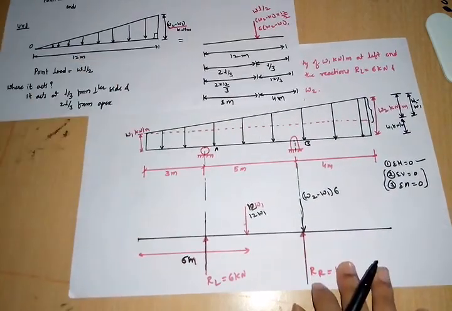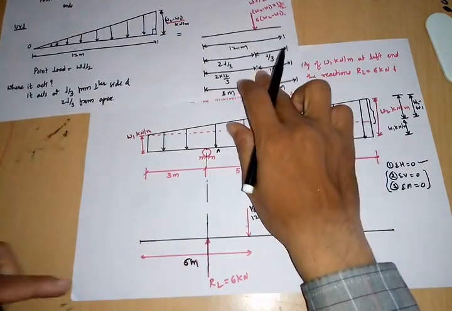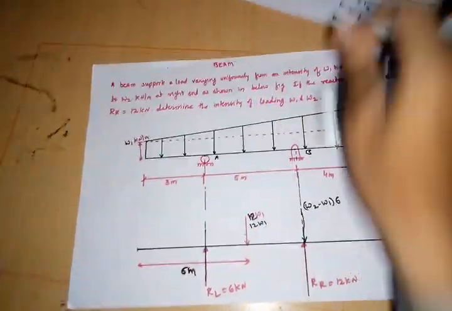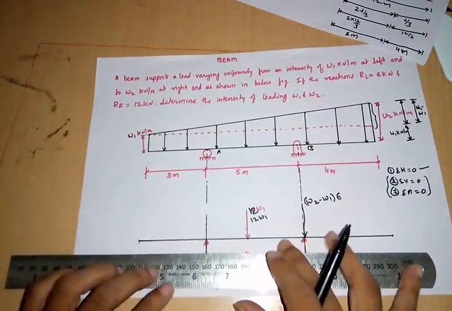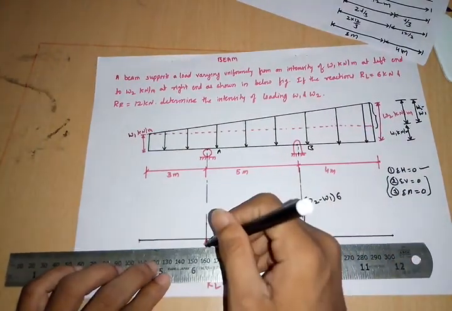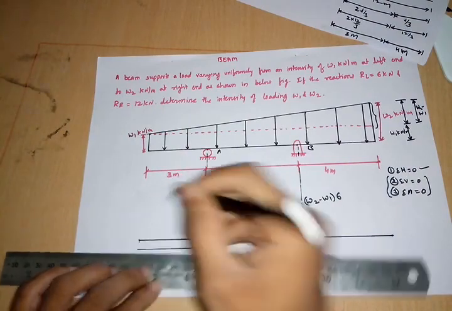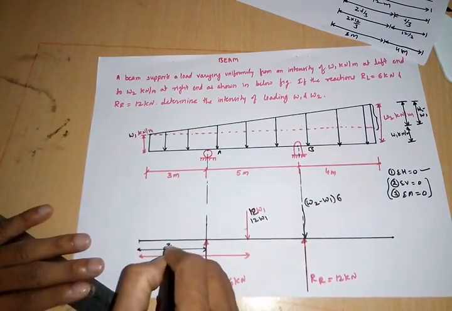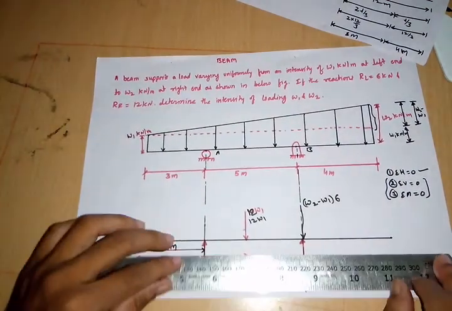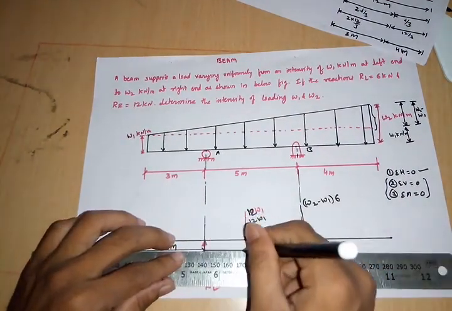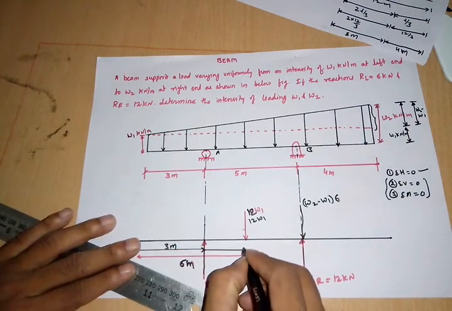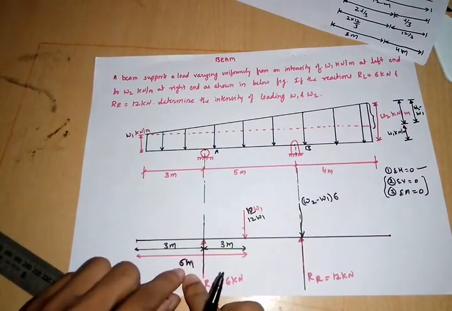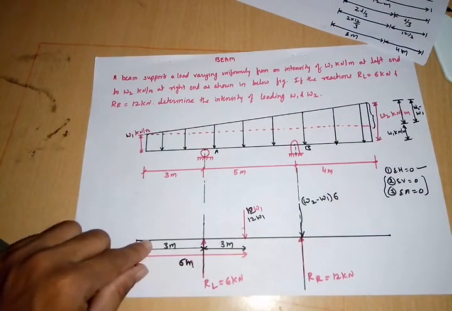Now draw the distances between the forces and the supports. From here to here it is already given in the question. From here to here it is 3 meter, and from here to here it is 3 meter, because this is 6 meter, 6 meter minus 3 meter, it is 3 meter.